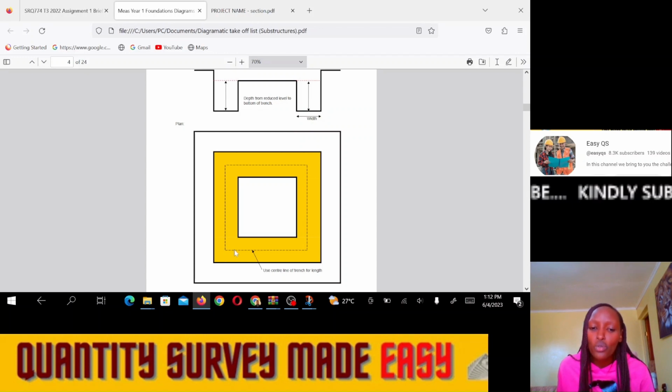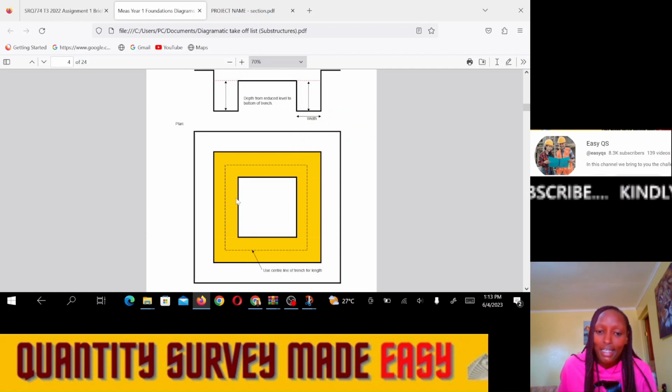We will always use the center line of the trenches. Remember, we have done so many videos about calculating the center line, so I will not go back to that. You should look for those videos that explain what a center line is, why we use center lines, and how we calculate center lines. Then we shall know how to use a center line. We'll take the center line times the width of the trench, times the depth of the excavation of the trenches.